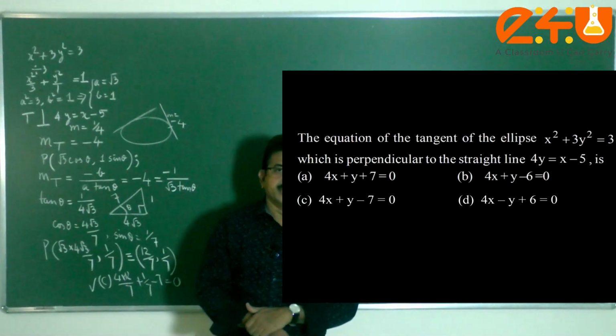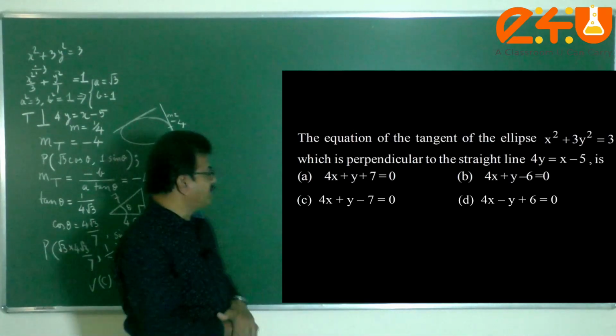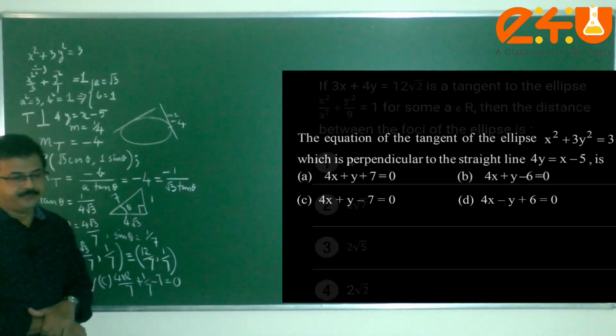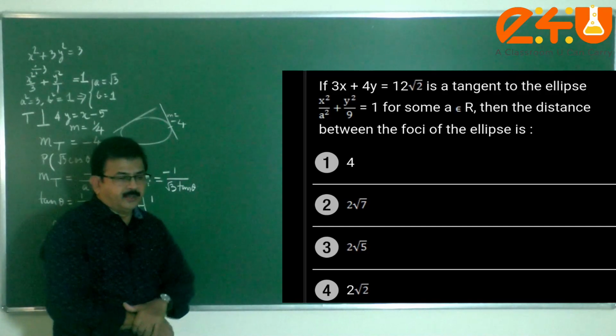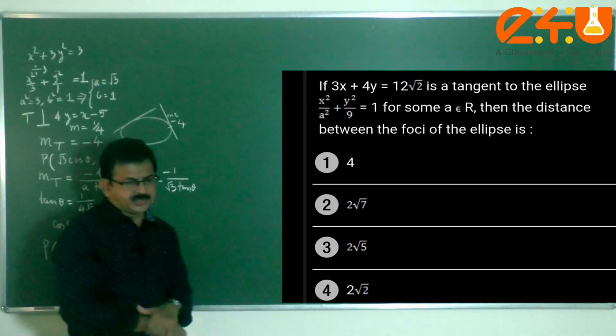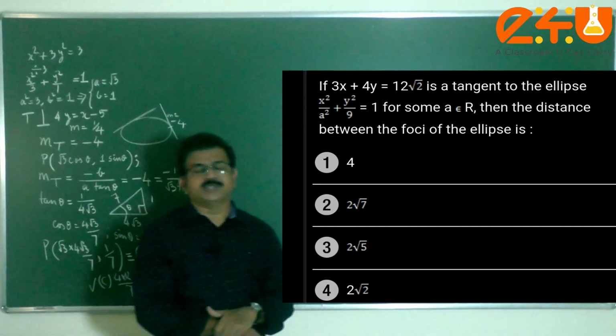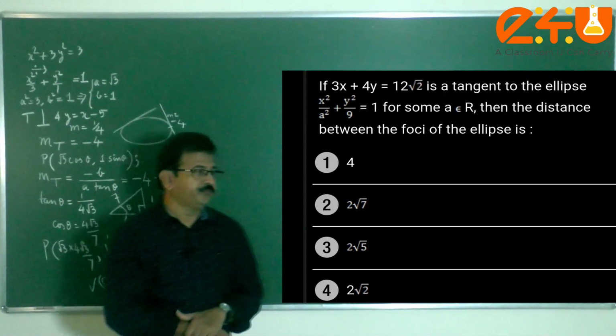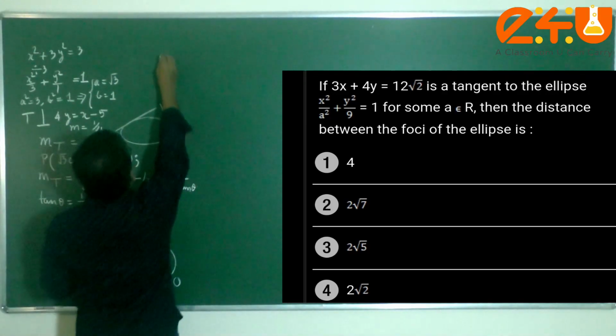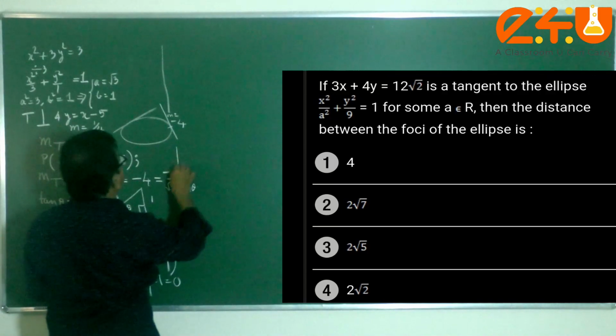Well, the next question for our discussion reads like this: if 3x plus 4y is equal to 12 root 2, and it is given that this is a tangent.